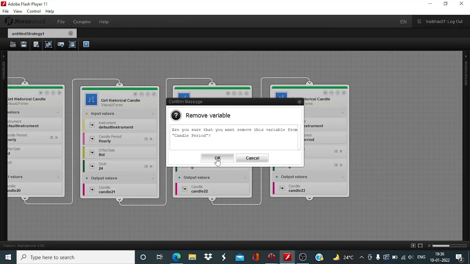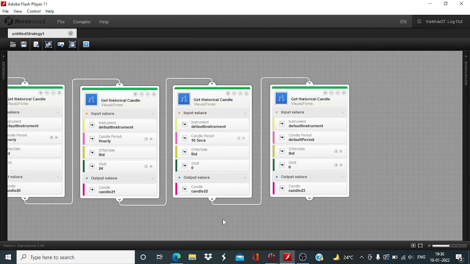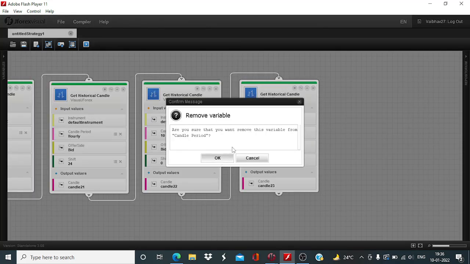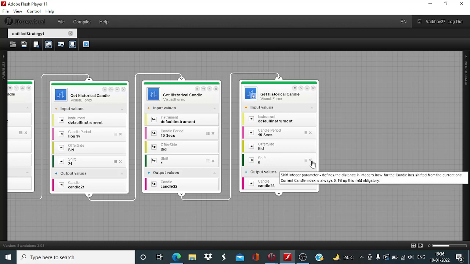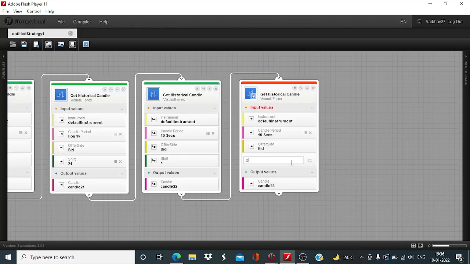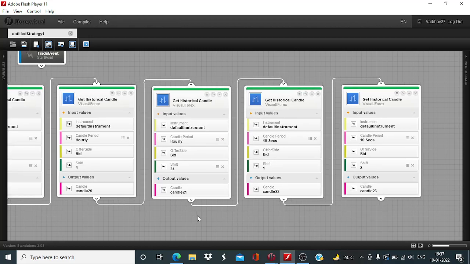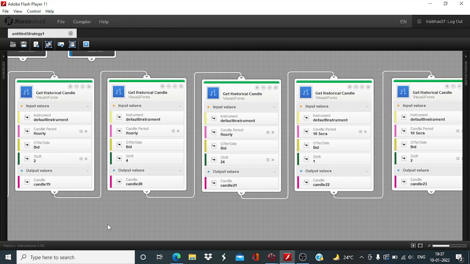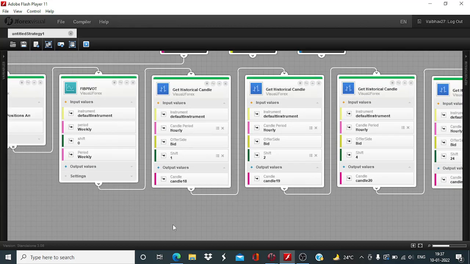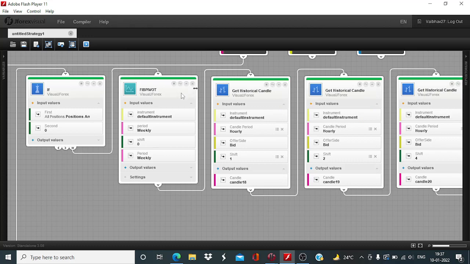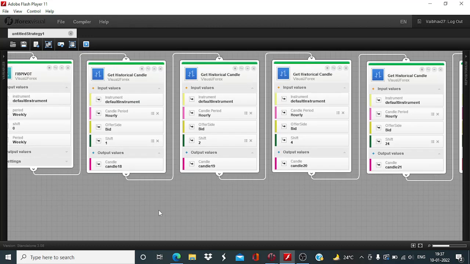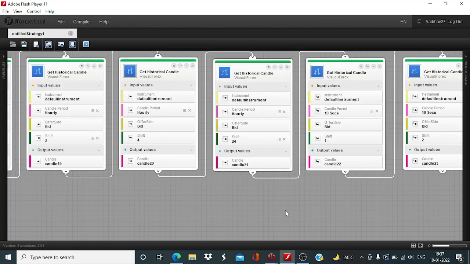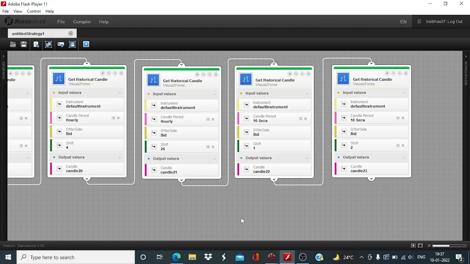I will change this candle period to 10 seconds, and the shift value will be changed to 1 and 2 respectively. So these are the basic building blocks of our algorithm to help us retrieve the price action data along with these Fibonacci output values, which we are then going to utilize to define the logical formation for figuring out the trading opportunities in the market.